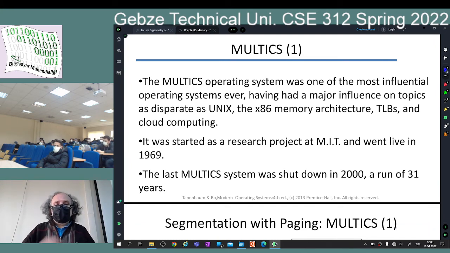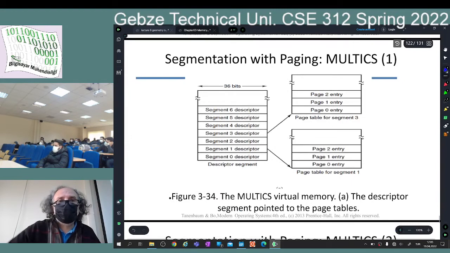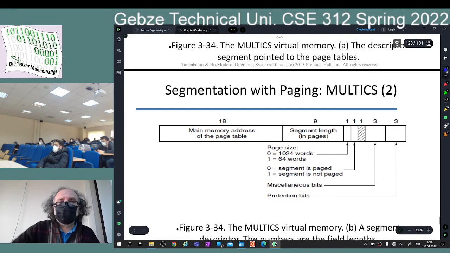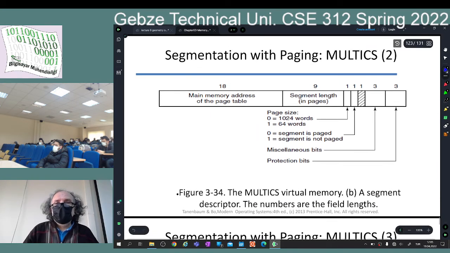Okay, so let's look at this idea of segmentation with paging from the MULTICS perspective. The MULTICS virtual memory, maybe I should show you this one. This is a typical segment descriptor for a MULTICS system.